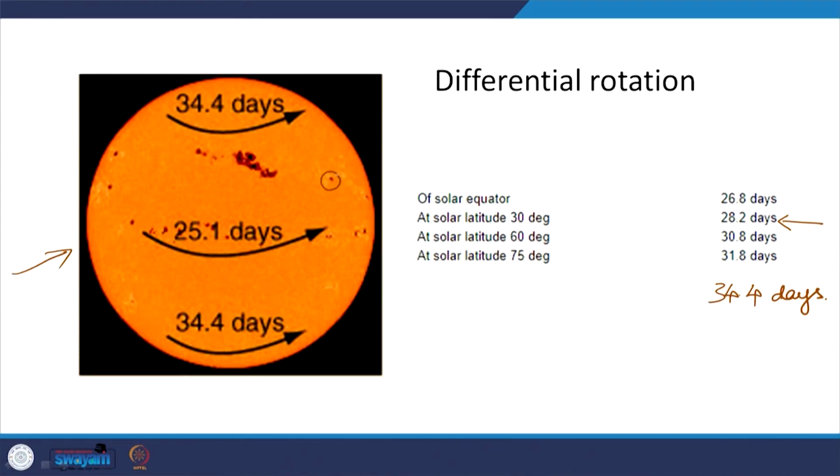Sunspots are regions you see on the sun which are dark in nature. To measure the rotation of the sun, you can see that the sunspots rotate at different speeds when they are at different latitudes. This supports the idea of differential rotation.